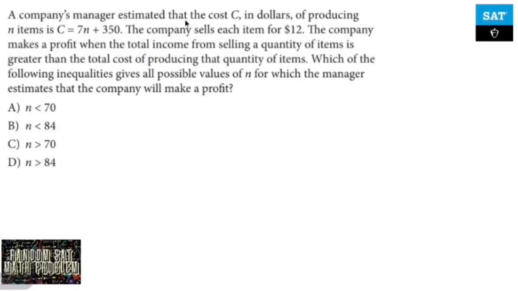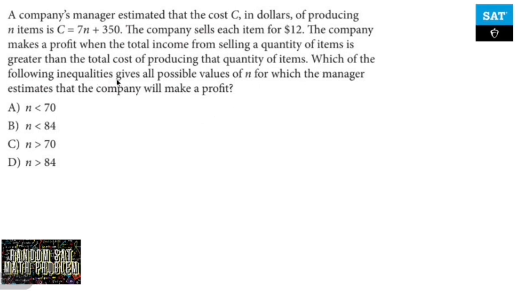A company's manager estimated that the cost C in dollars of producing N items is C equals 7N plus 350. The company sells each item for $12. The company makes a profit when the total income from selling a quantity of items is greater than the total cost. Okay, that makes sense.